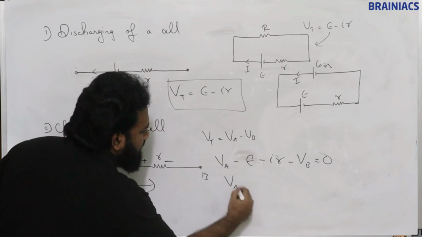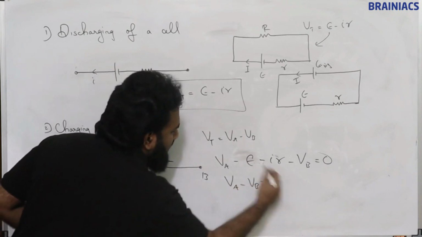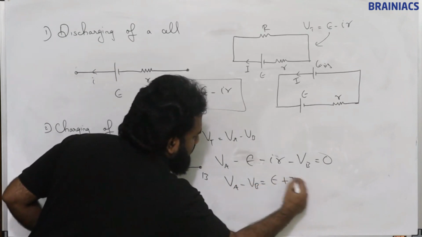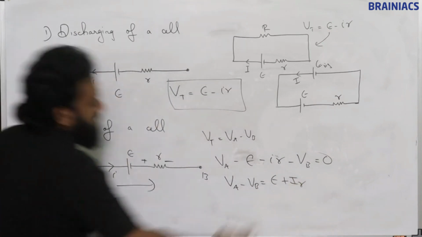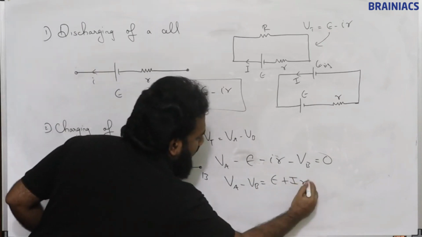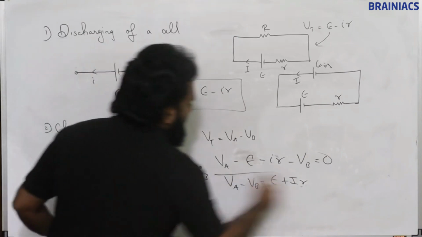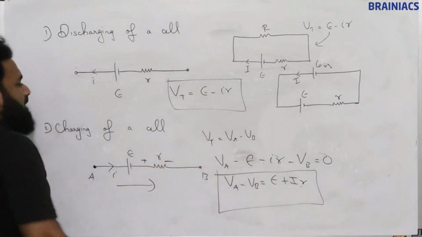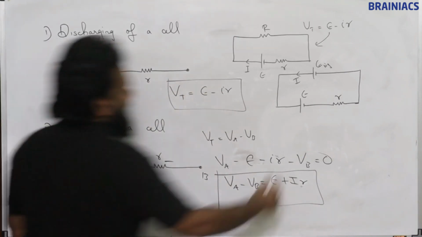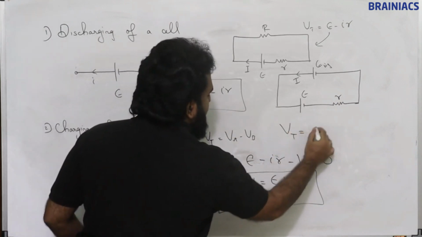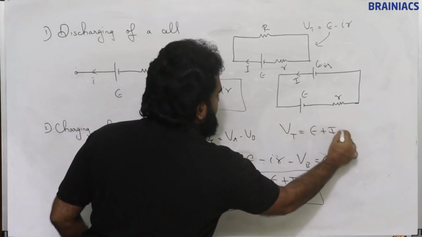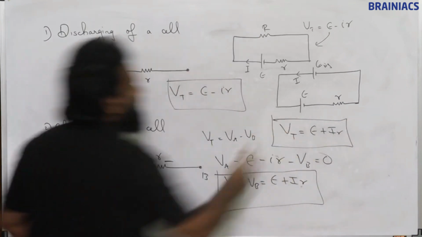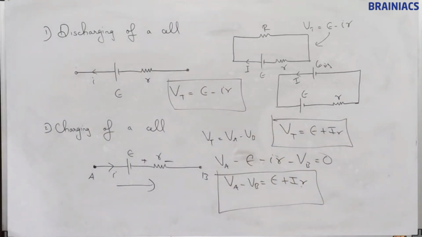So when we take VA minus VB, we come to know it is E plus I into R. So in the case of charging of a cell, we are getting terminal voltage as E plus IR. Terminal voltage is E plus IR. Clear?